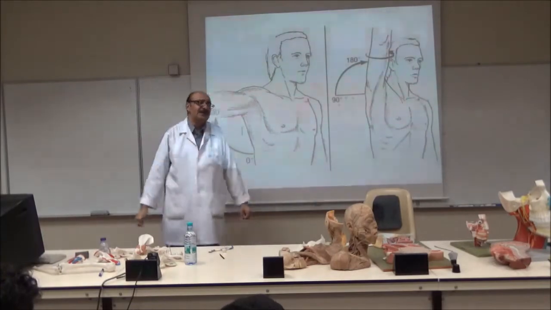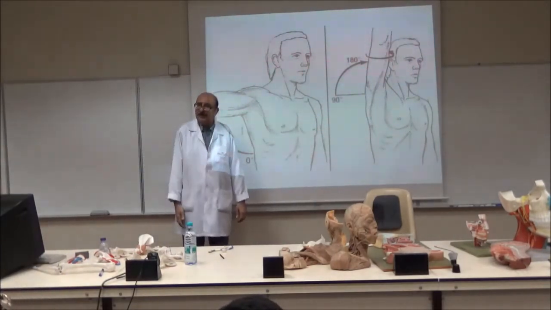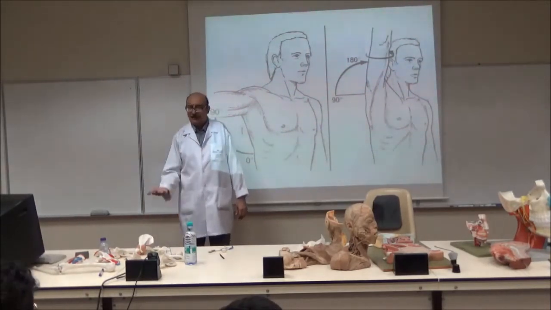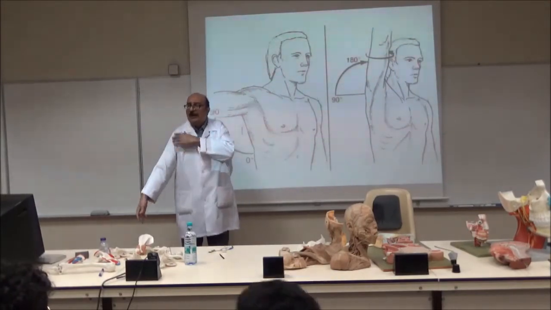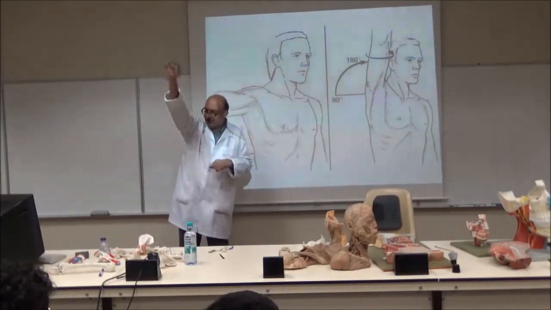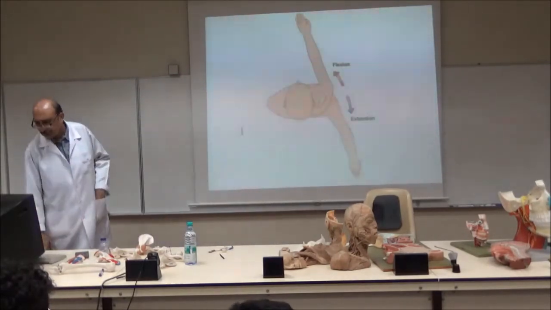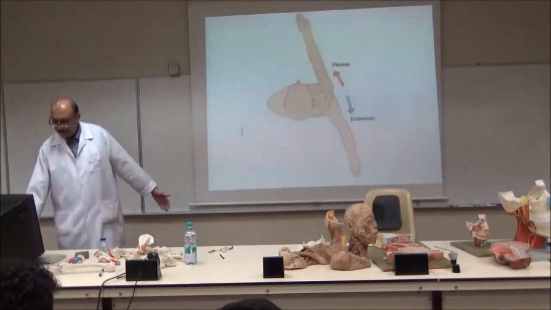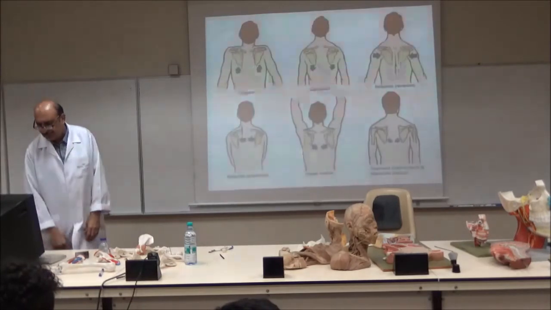In the previous lecture I told you flexion, extension, abduction, adduction, medial rotation, lateral rotation and the combination, circumduction, like this or like this. Okay? Same, I told you flexion, extension, abduction and rotations.